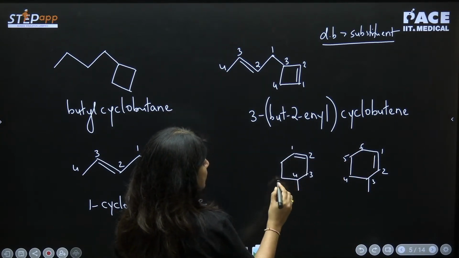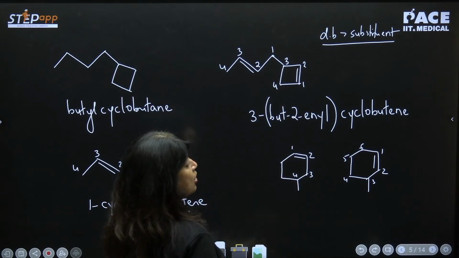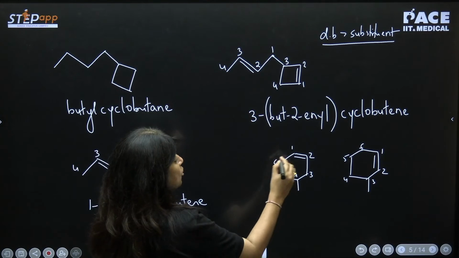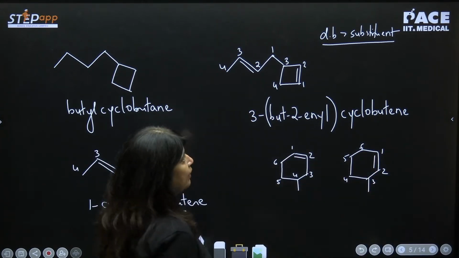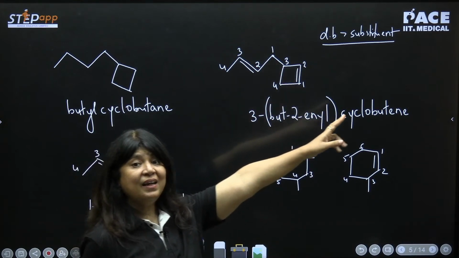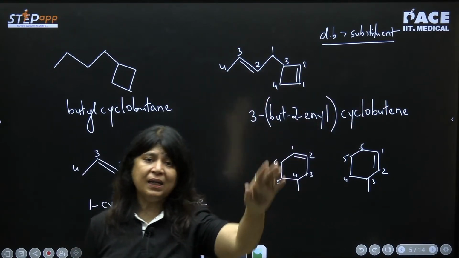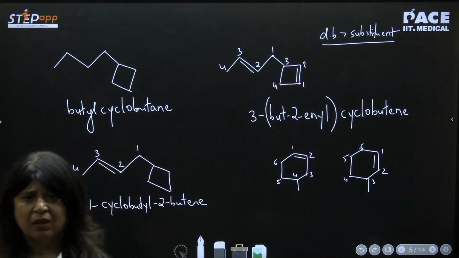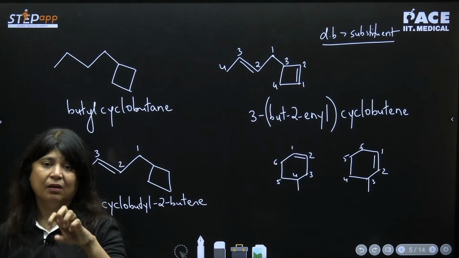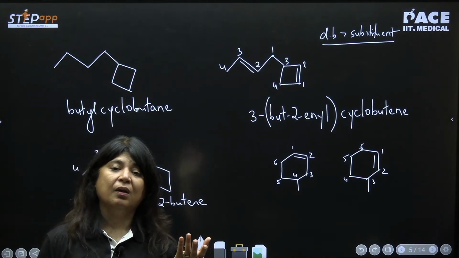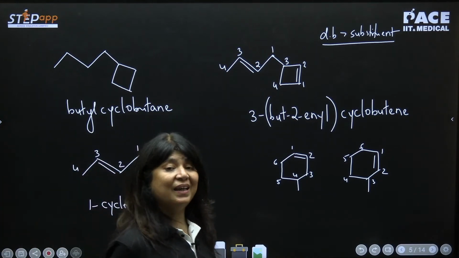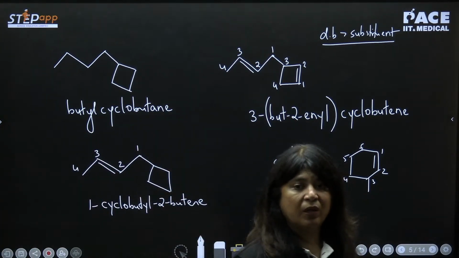So the double bond will always get position 1. Writing it as cyclobut-1-ene is not compulsory, because I know that cyclobut-1-ene is the same as cyclobutene. The 1 is not compulsory, because wherever the double bond is, that is going to be carbon 1.